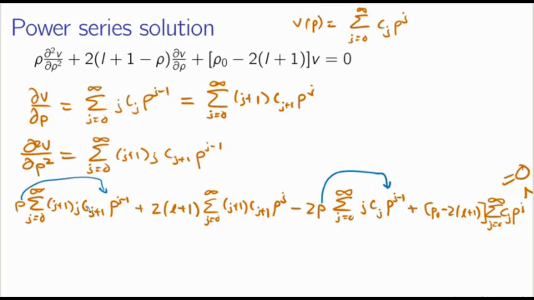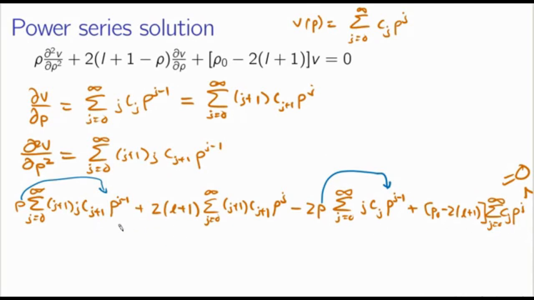The coefficients that appear in these sums are all already lined up. So if I take the j equals 0 term from each of these sums, I'll get a valid equation. If I take the j equals 1 term from all of these sums, I'll get a valid equation. This effort with relabeling indices was essentially to get all of these sums to line up.